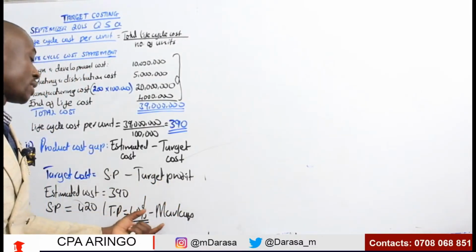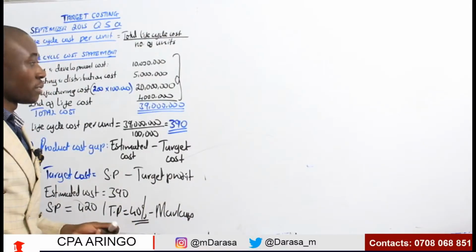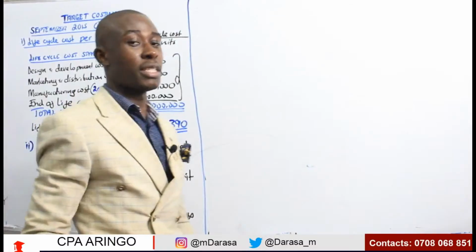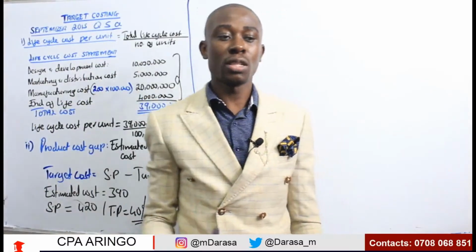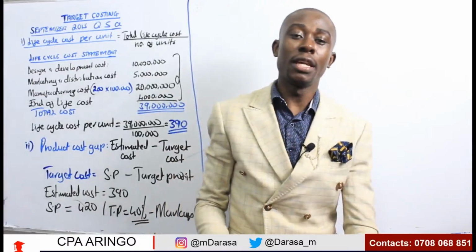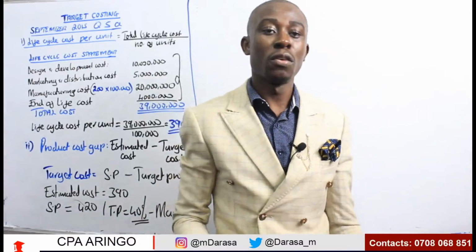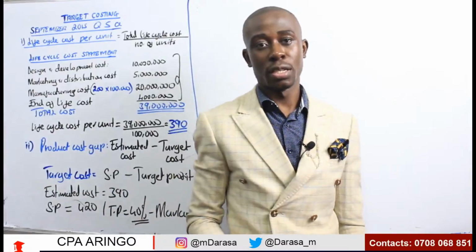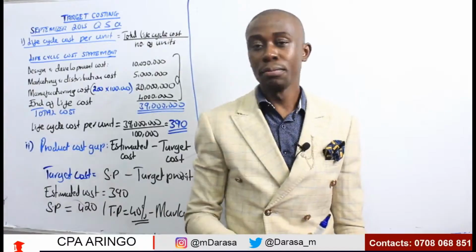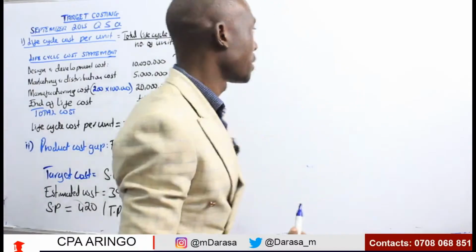The target profit was given as a markup of 40%. Recall, when we started, I mentioned clearly that to handle this concept of target costing, we should be very good in the aspect of profit ratios, among them profit markup and profit margin.